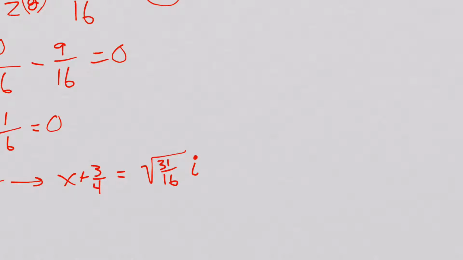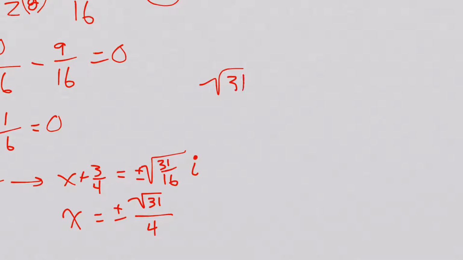So let's rewrite this again. X equals plus or minus the square root of 31, 31. I can distribute the square root to that 16, and I can say the square root of 16 is 4, so that becomes over 4.